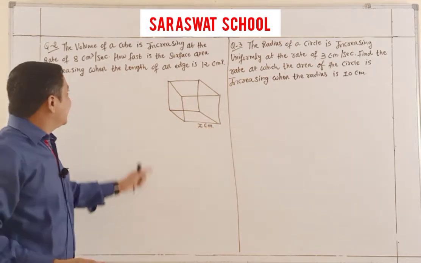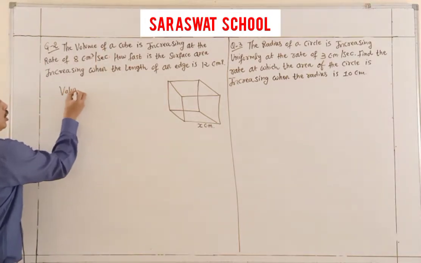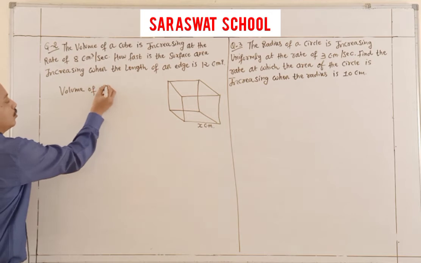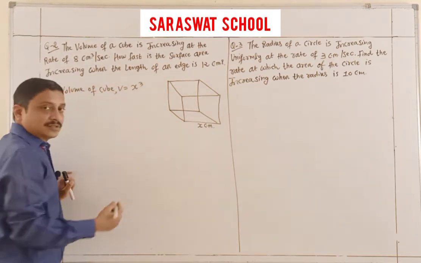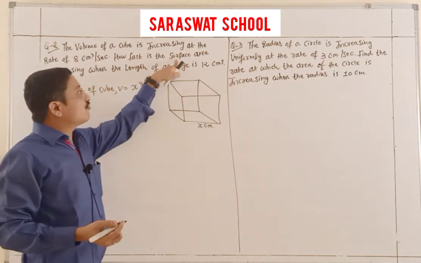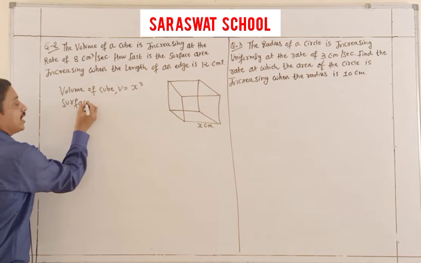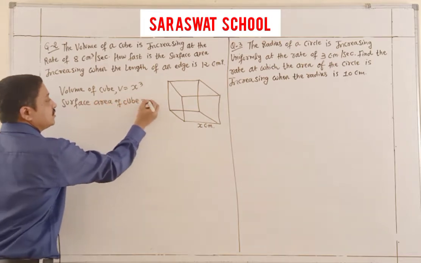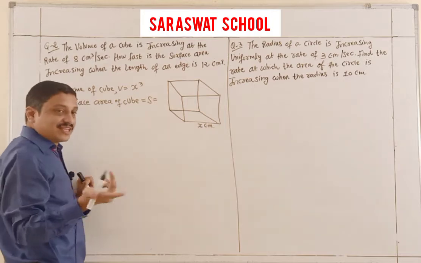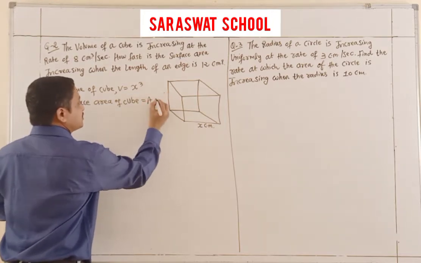Given that the volume increases, we first write the volume of cube as V equals x cube. I am asking for the surface area. Surface area of the cube, you know, is S, which is 6x square.